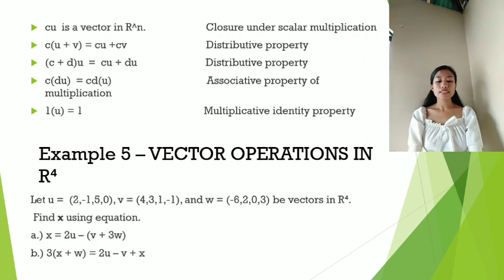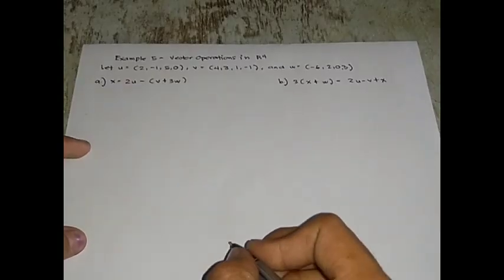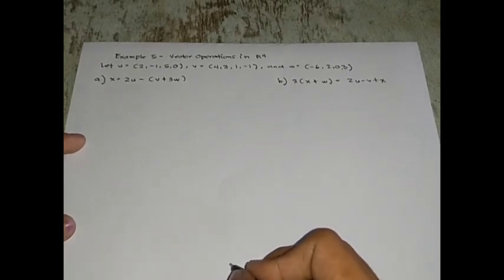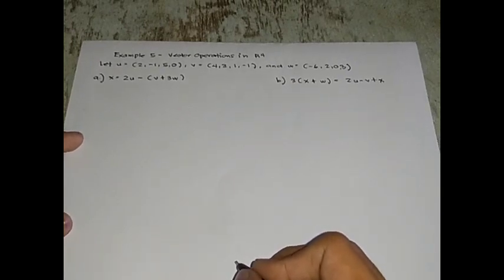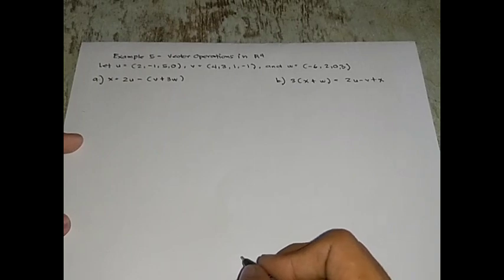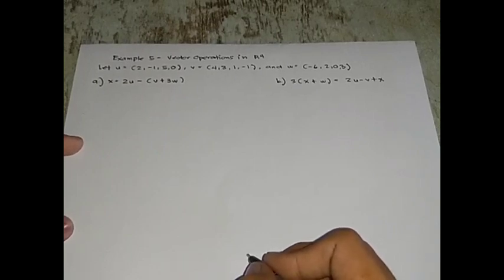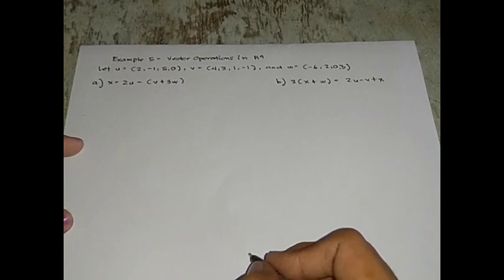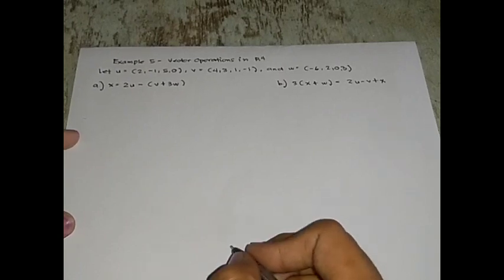Now, let us try to solve the problems. So let us try to solve example 5, vector operations in R raised to 4. Let u is equal to (2, -1, 5, 0), v is equal to (4, 3, 1, -1), and w is equal to (-6, 2, 0, 3).